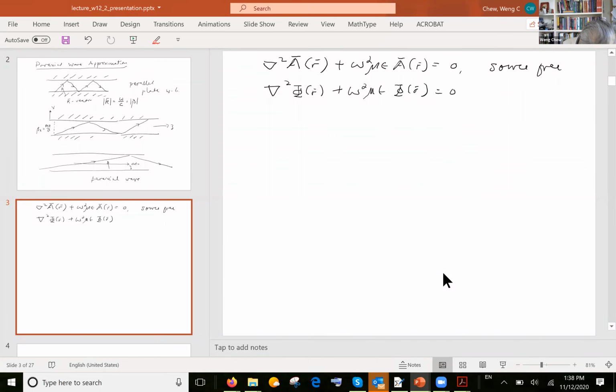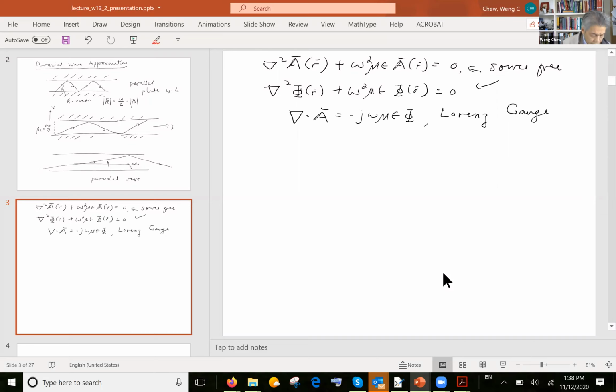Both of them are source-free, so there are no source on the right-hand side. And we further know that in order to solve these equations, we need a Lorenz gauge, which is given by this, which is called the Lorenz gauge. Lorenz without the T.